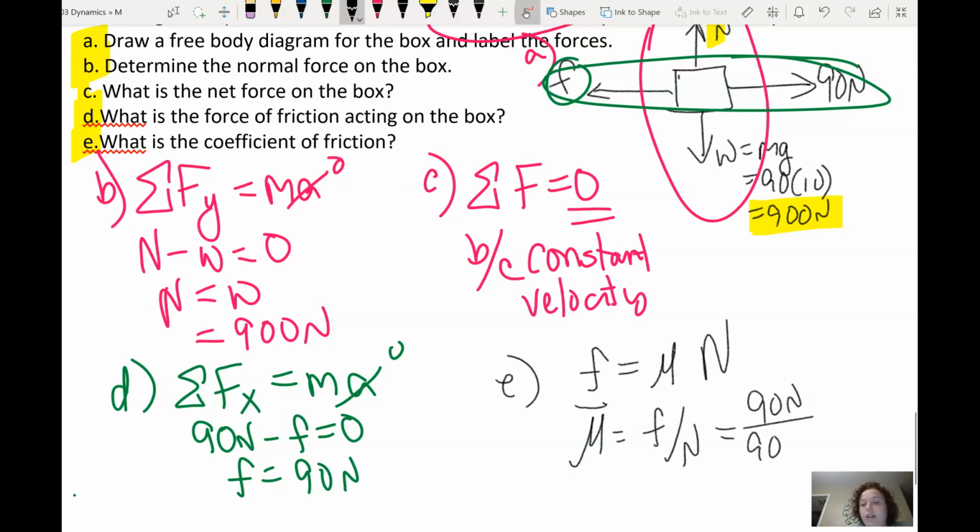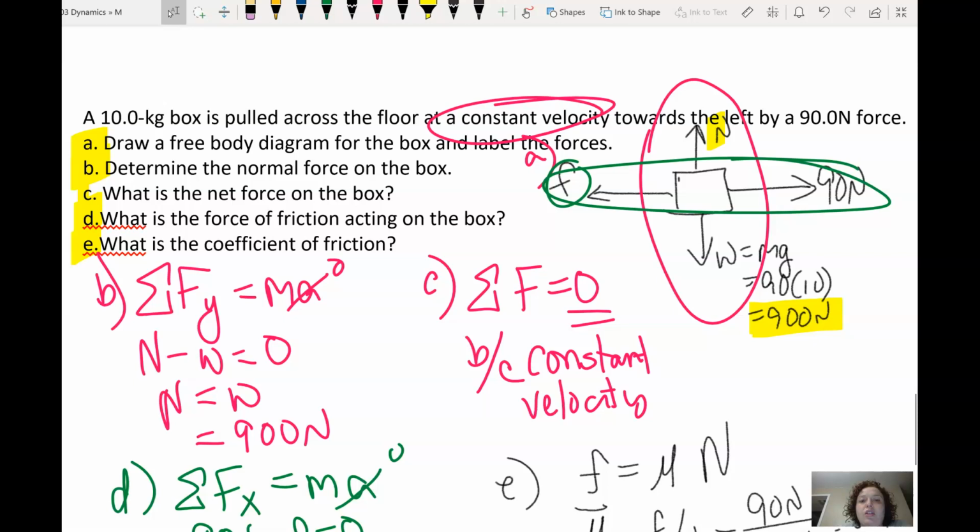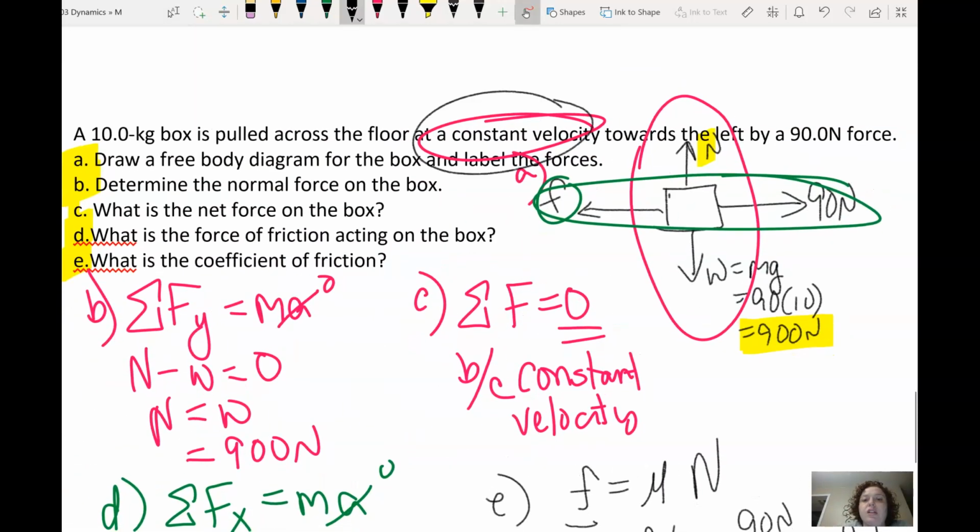Our normal force is 900 newtons, which means our coefficient of friction is 0.1. And we're going to add an F. Is it static or kinetic, and why? All right, it's kinetic friction, and we know it's kinetic friction because it's already moving at a constant velocity.